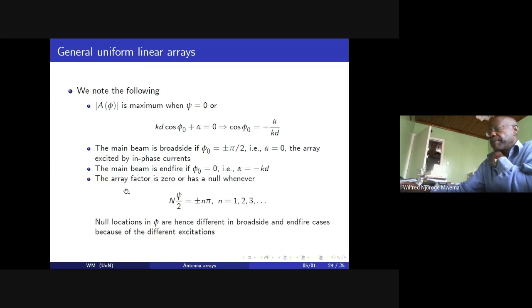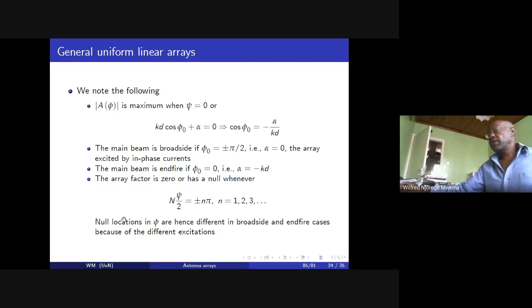So the array factor is 0 or has a null whenever the argument in the magnitude definition, n psi by 2, is equal to plus or minus n pi, where n is an integer.